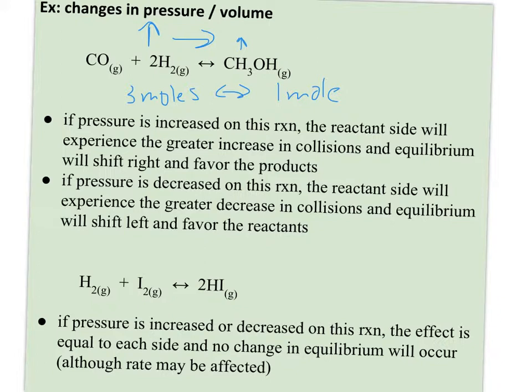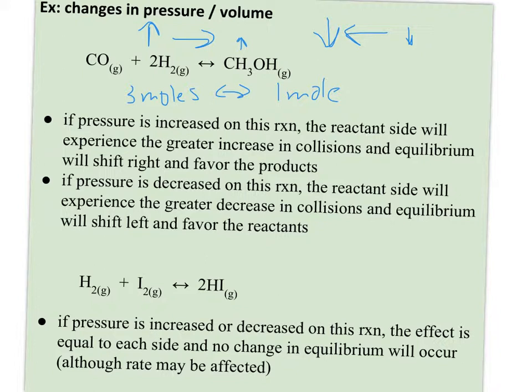If I decrease the pressure on this, by the same reason, I'm going to see a greater decrease in collisions on the reactant side because it was more crowded to start with. And I'll see less of a decrease on the product side, so that means it will shift toward my reactant side.